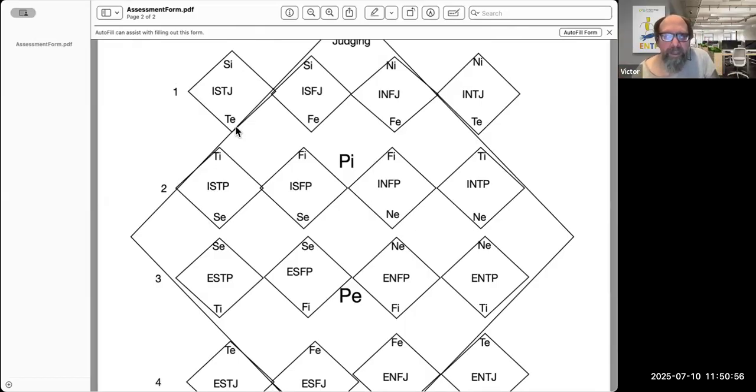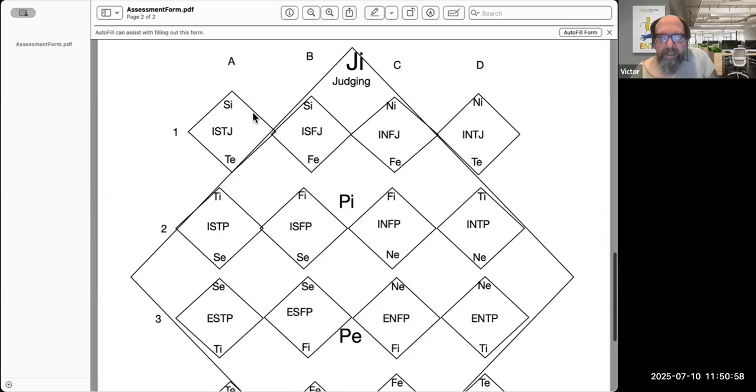And the easiest way to see that is to look at your function attitude. Now, I put the function attitudes here because, especially for this introverted J, I never could figure out introverted Js.